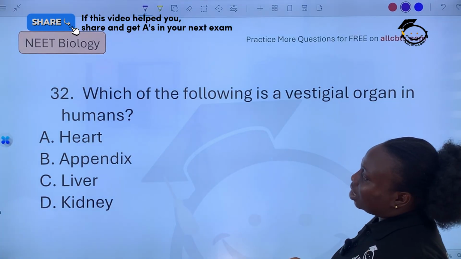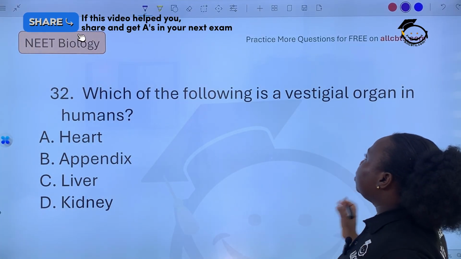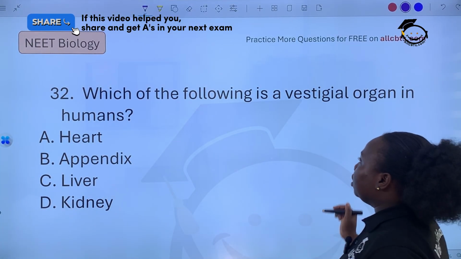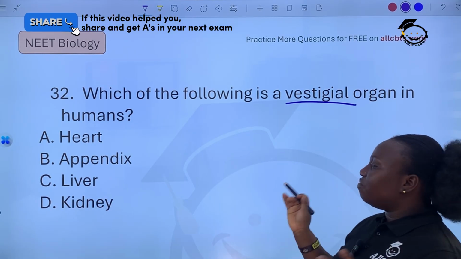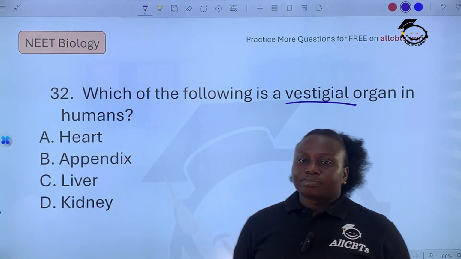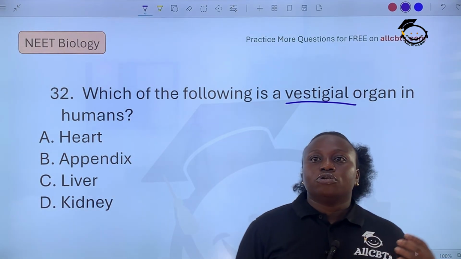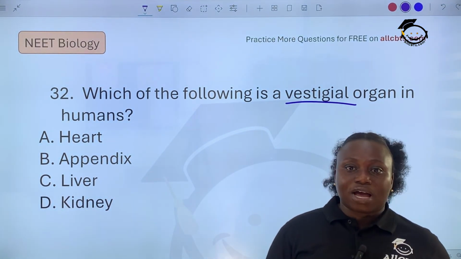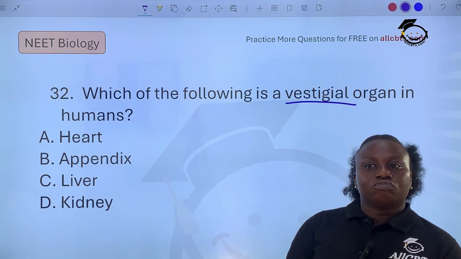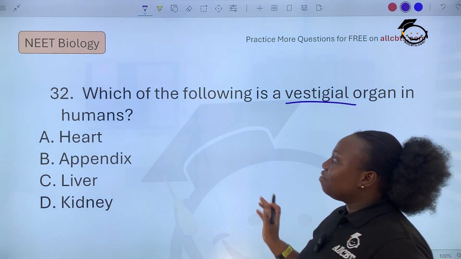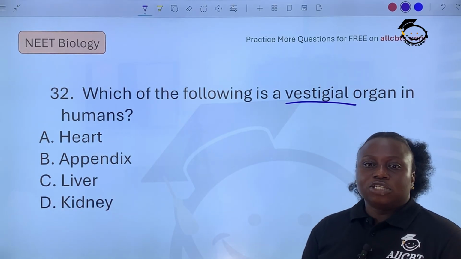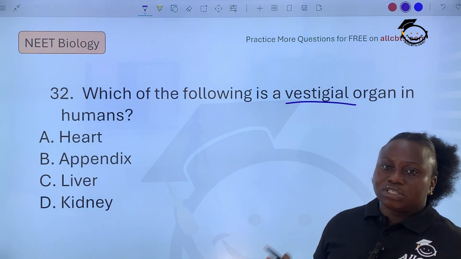Now, number 32, which of the following is a vestigial organ in humans? Now, what is a vestigial organ? This is an organ that, through lack of use, has become useless. So it means that if you remove this organ, it's not going to affect that particular organism.